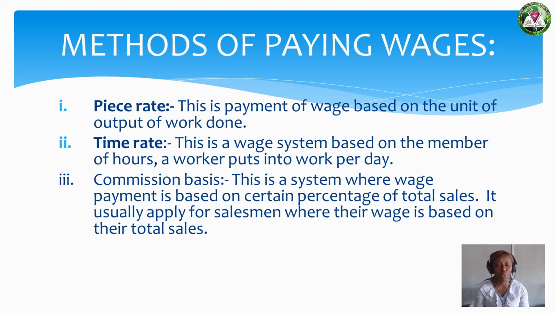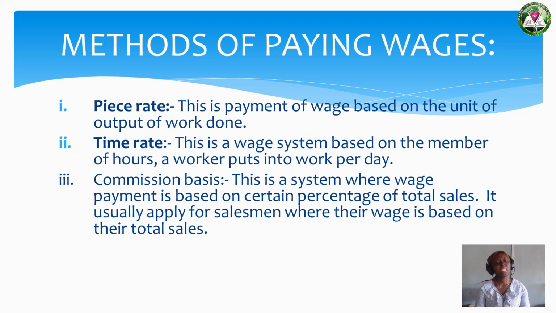When you can produce 1 carton, you will be paid 500 naira. If you are able to produce as many as 20 cartons, your wage will be multiplied by that number of cartons. That is the quantity, that is the output. So that is piece rate.